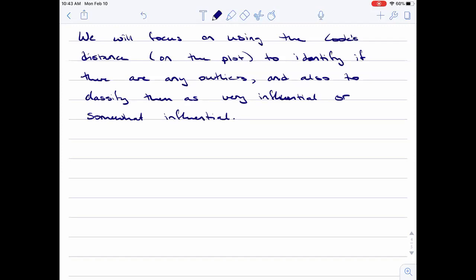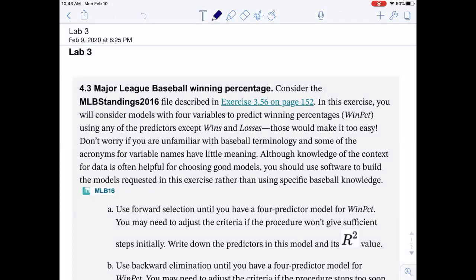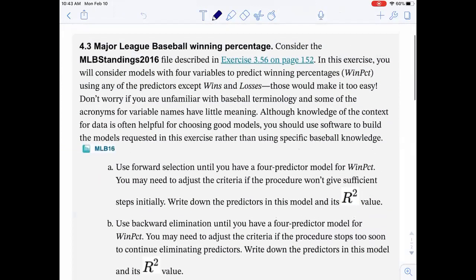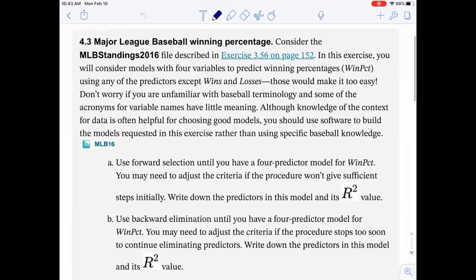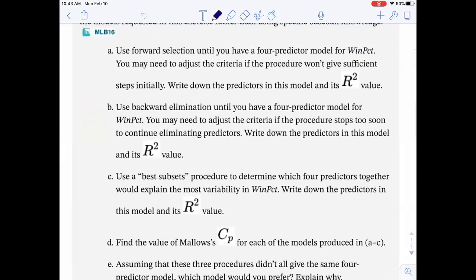I did post lab 3. Lab 3 is just a couple of questions, or I think 3 questions, but not too bad. You're going to use the baseball data, and we're just testing out forward selection, backward elimination, and figuring out how we get Mallows' Cp.